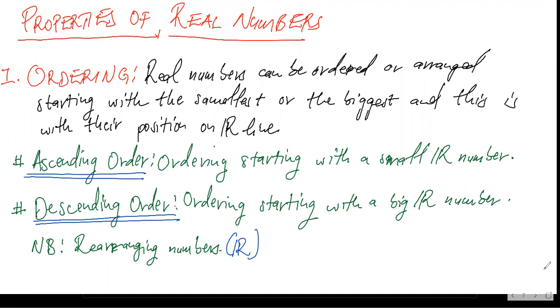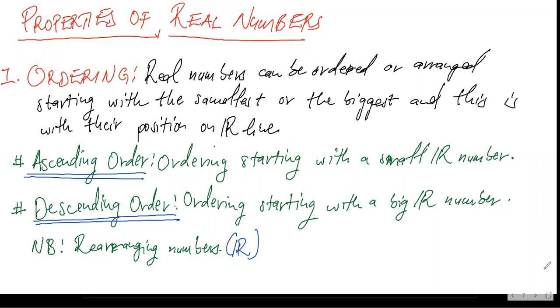So the number one property is ordering. We see that real numbers can be ordered or arranged, starting with the smallest or starting with the biggest, with respect to their position on the real number line. So we have ascending order.